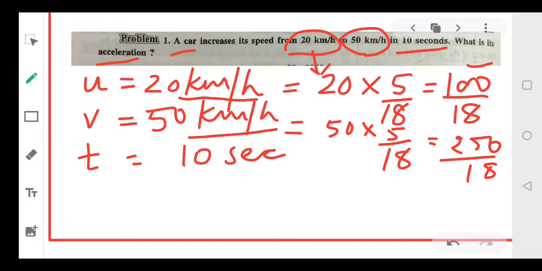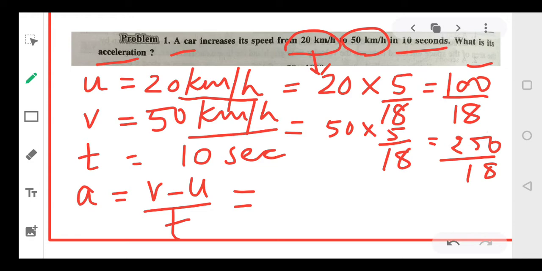Now tell me, what is the formula of acceleration? Very good. A is equal to V minus U upon T. I hope it is clear. Now let's put the values.